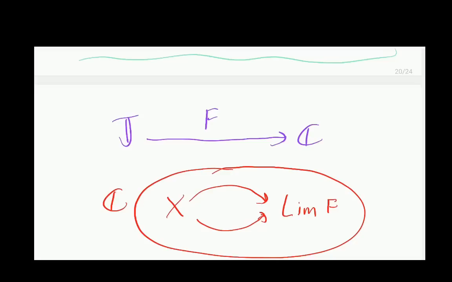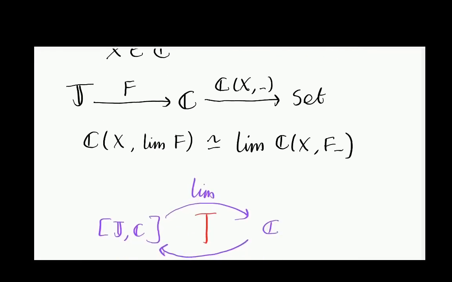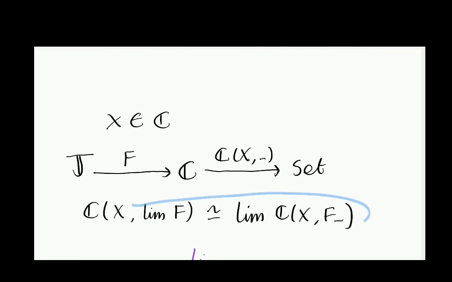Now, understanding general functors that go into general categories can be kind of tricky, but it's pretty easy to understand the limits of functors that go into Set. And so can we convert this problem into a problem involving limits of functors into Set? And it turns out that we can. Basically, what we want to get at for a start is this formula here.